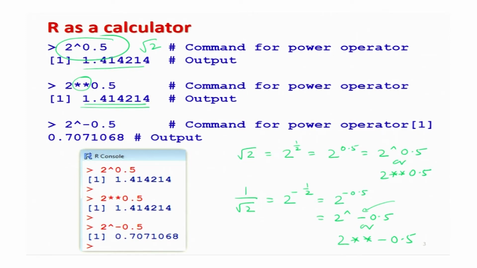So in case you want to compute 1 upon square root of 2, you can write it like this, 2 hat minus 0.5, and this will give you the value 0.7071068, and this is the screenshot of the same operation. I hope it is not difficult and it is very easy for you to understand after understanding the earlier lectures.